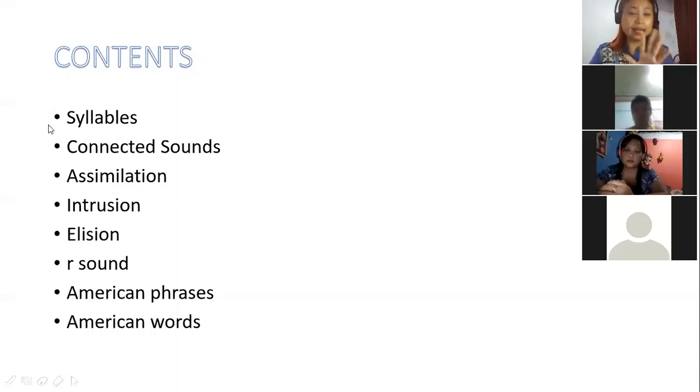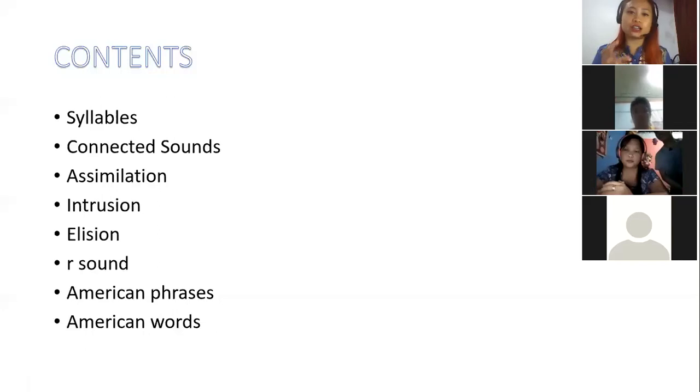Okay, so let me read this again, and then you can listen and try to copy how I say it. We have syllables. Next, connected sounds. This is assimilation, intrusion, elision, R sound, American phrases, not praises, but phrases.